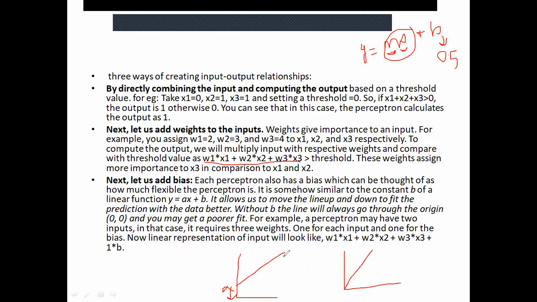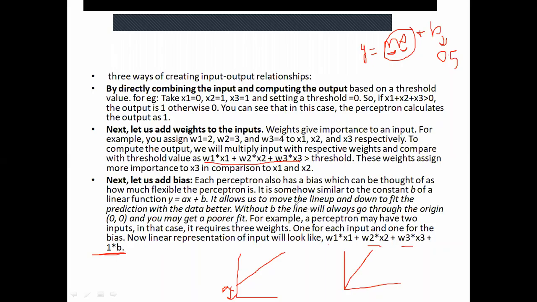So in that case, what would be the output? Output would be w1 x1 plus w2 x2 plus w3 x3 plus the bias value also. So why are we taking the bias?